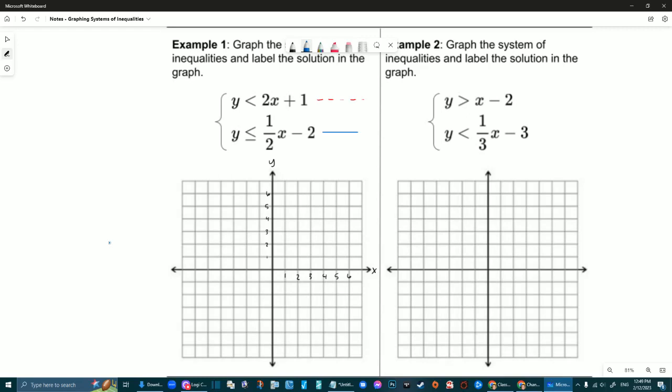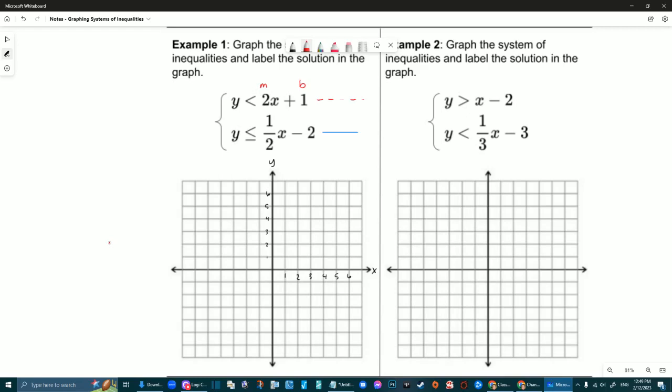We're going to start by graphing that first inequality. So let me go back to the appropriate color. Remember that the slope is the number in front of the x, the coefficient. The y-intercept is the constant at the end, and we always start with the constant at the end.